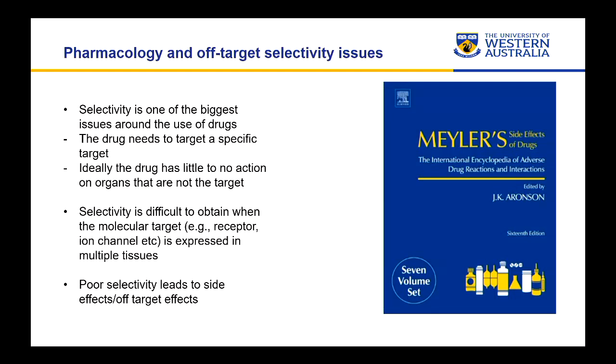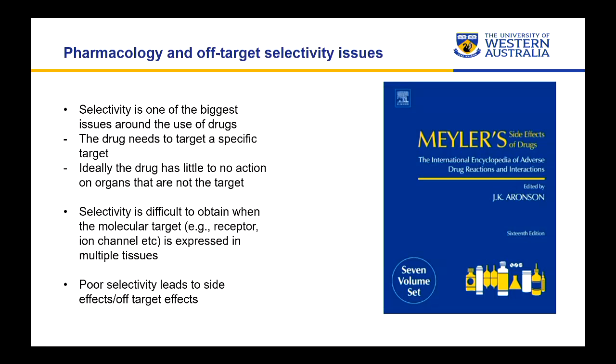We want them to target only the kind of tissue or receptor that we want them to target. And ideally, whatever compounds we give won't have any effect on any systems outside, say drug targets outside of what we're actually trying to target. But realistically, when we give compounds and drugs, selectivity is never really achieved because we have off-targeting.